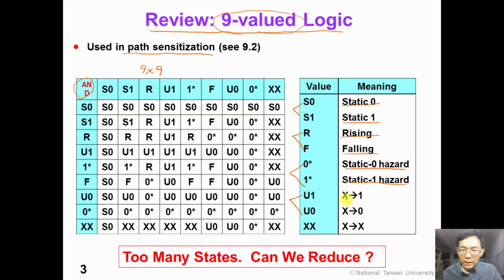U1 represents an unknown to 1 transition. U0 is an unknown to 0 transition, and eventually double X is unknown to unknown.